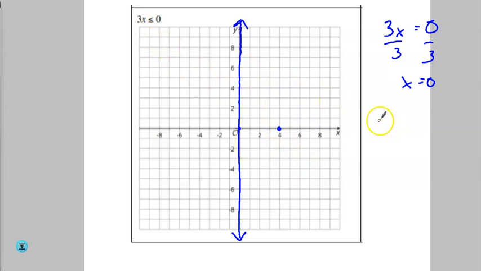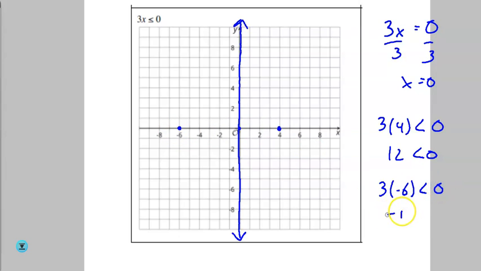So is 3 times 4 less than 0? Multiply, is 12 less than 0? No, so I picked the wrong side. So don't check that side. If you want to make sure, check this side. Say negative 6. Is 3 times negative 6 less than 0? Is negative 18 less than 0?